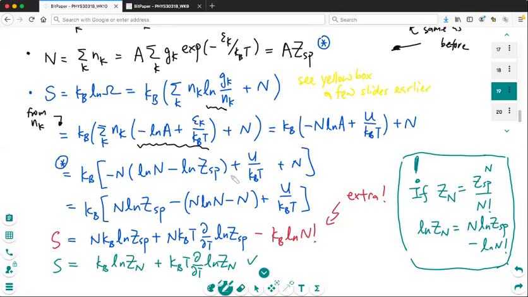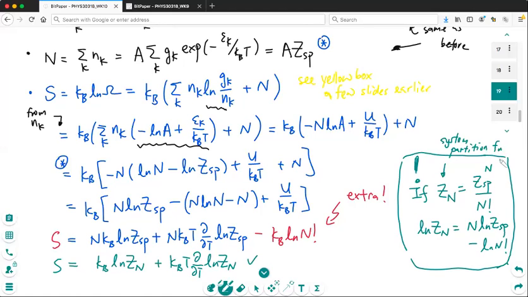Okay, but before I can show you how wrong this will be if you use the wrong system partition function. This is what I mean, the system partition function. This is single particle, this is the system partition function. I keep saying this, so it's better to clarify.